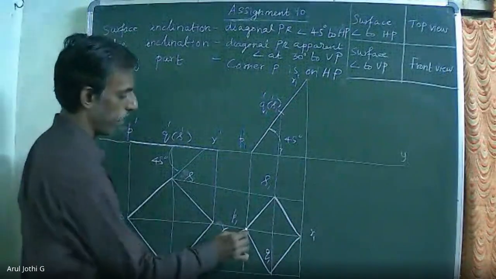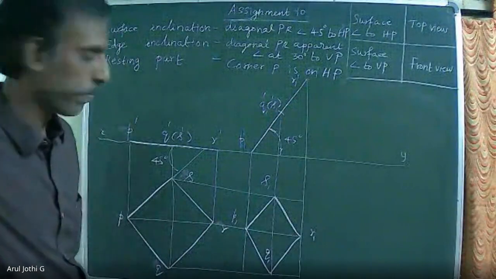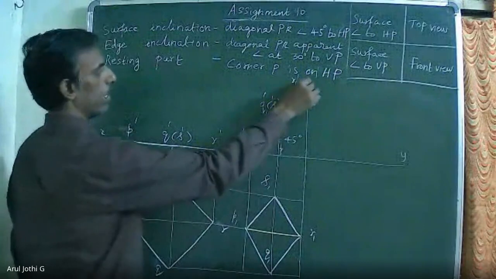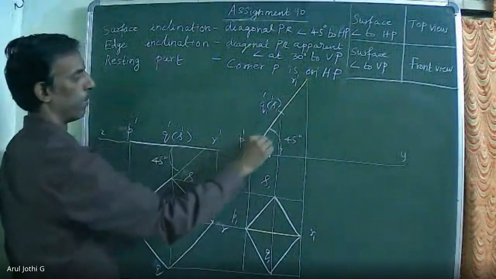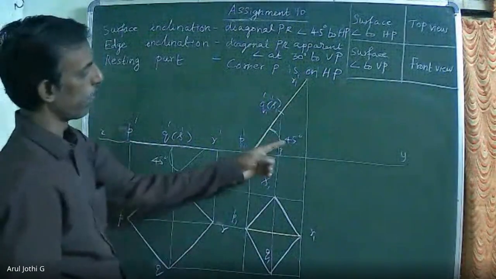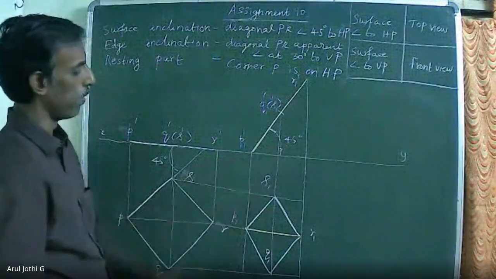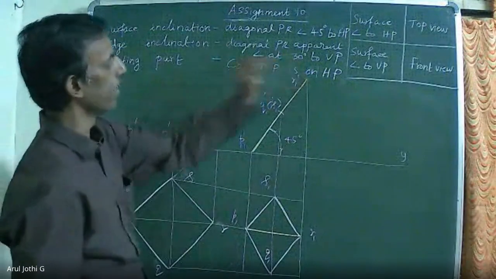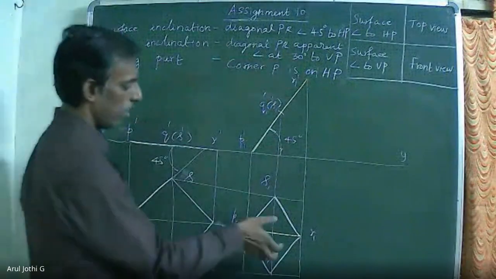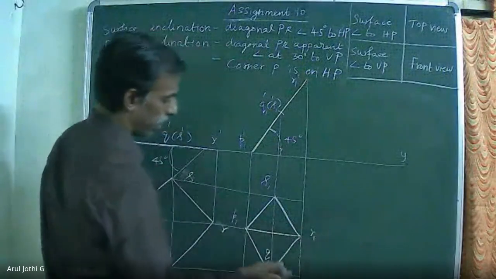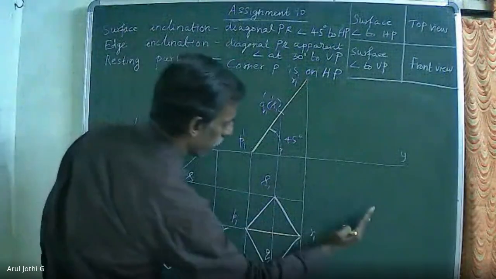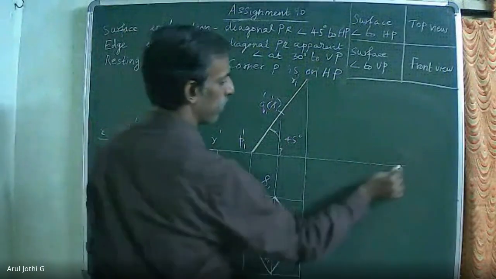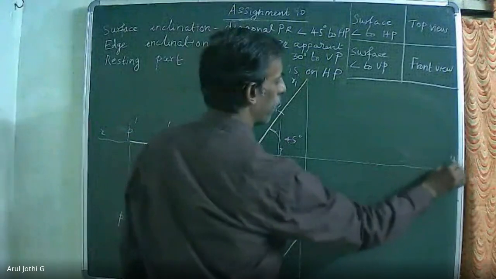Now the diagonal PR is available here, this is your diagonal PR. The same diagonal PR is available in the front view, inclined 45 degree to HP and parallel to VP. Now as per the condition, diagonal PR is apparently inclined 30 degree to VP. That means we are going to rotate the top view in such a way that this diagonal PR is inclined to VP. That is called apparent inclination because we are rotating the top view of the diagonal PR.